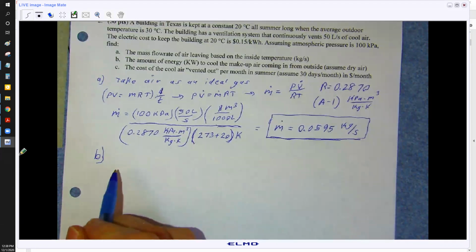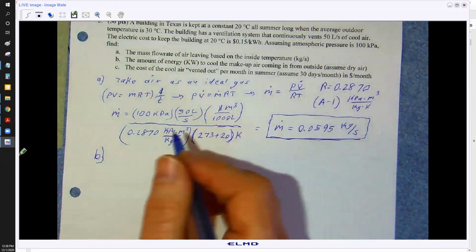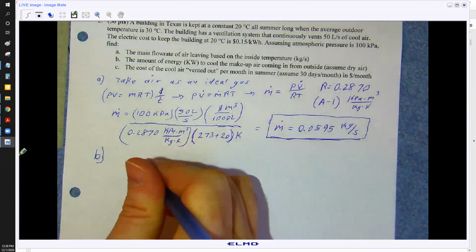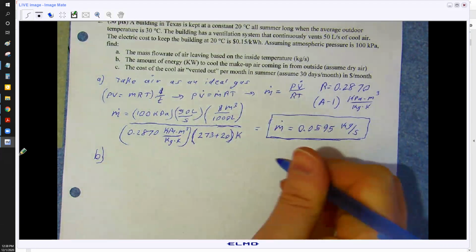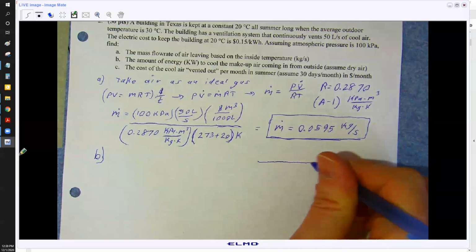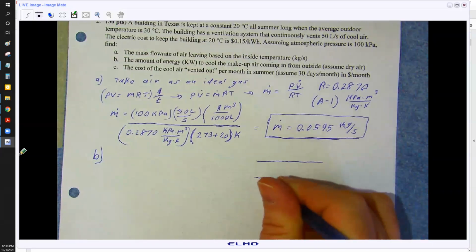So let's look at the open system energy balance here. I'm going to draw a diagram first. I've got this pipe.